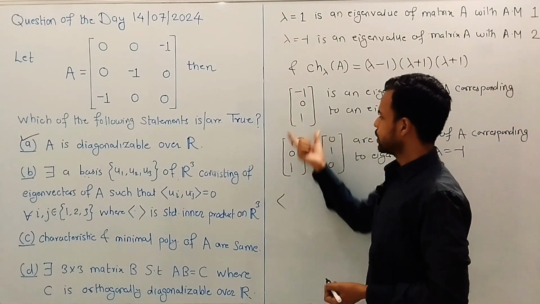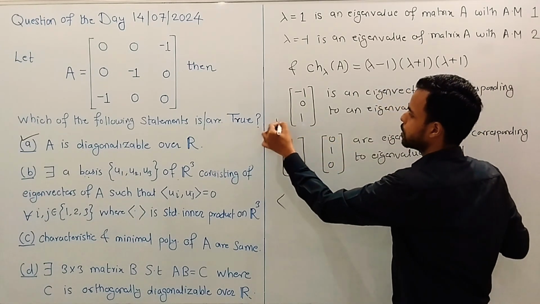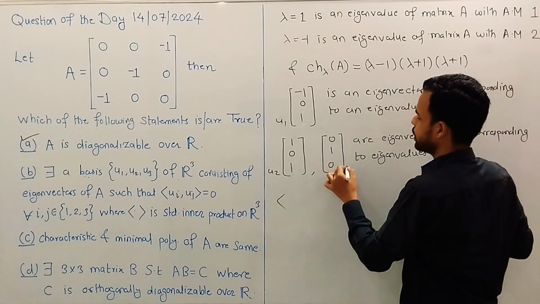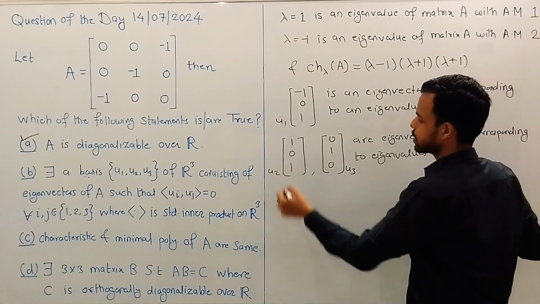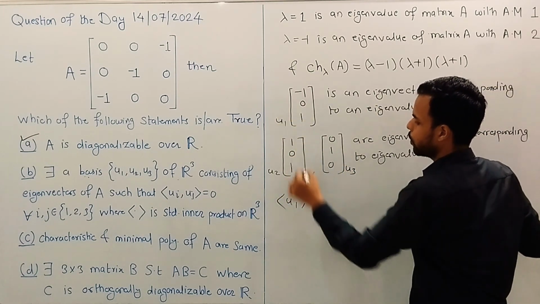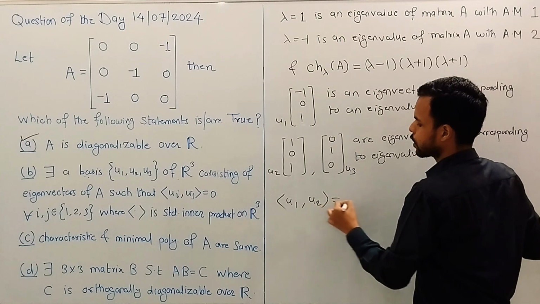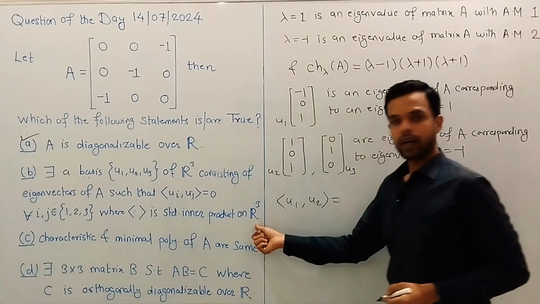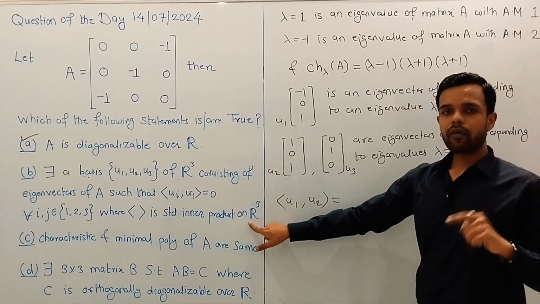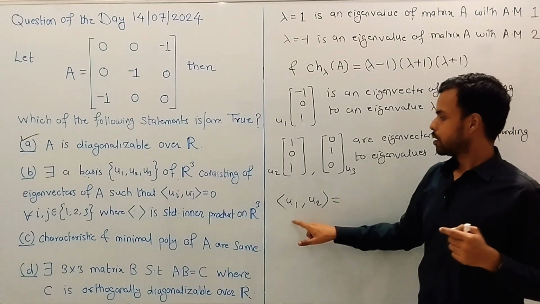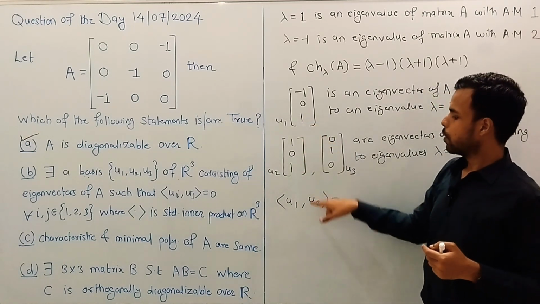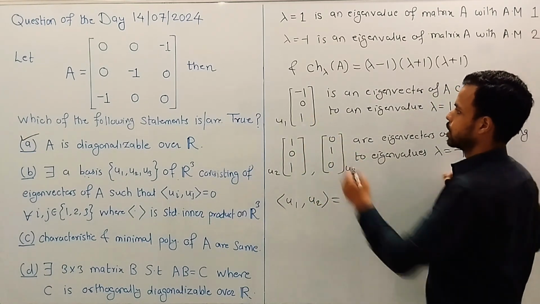Simply compute their inner product. Let's denote this vector by u1, this by u2 and this by u3. Now let's compute the inner product of u1 and u2. The standard inner product on R3 is nothing but the dot product. So we compute the dot product of these two vectors.